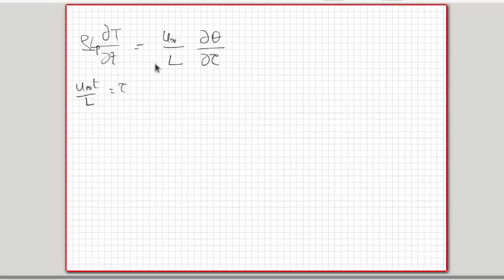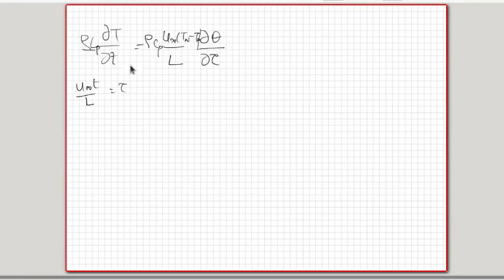So tau into L by u infinity is t, and similarly d theta is the same as dT by T wall minus T infinity. So there will be a T wall minus T infinity that will come here, multiplied by the rho Cp which already stays there. Okay, so this will be the first term.